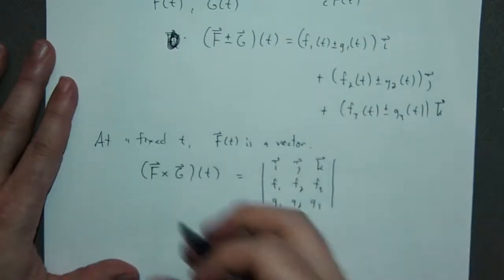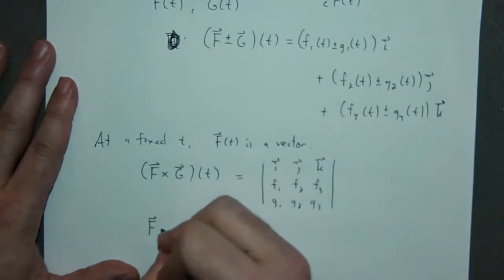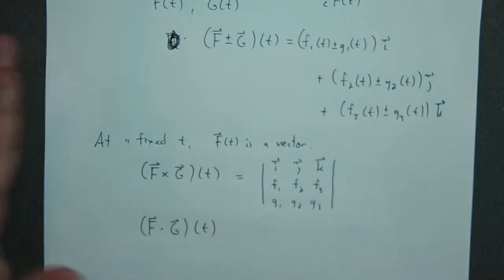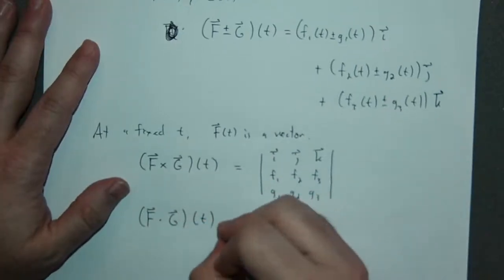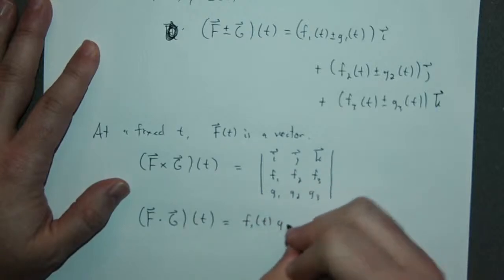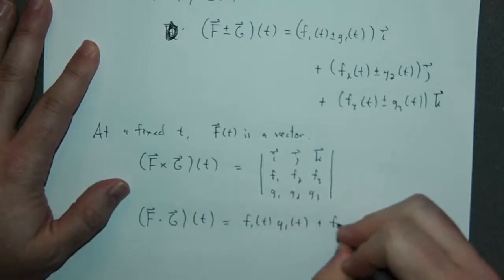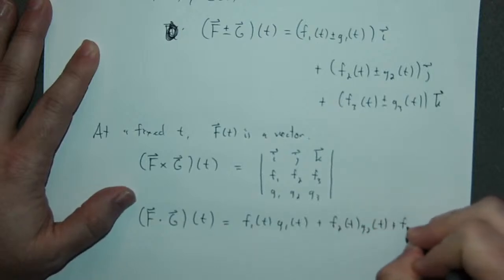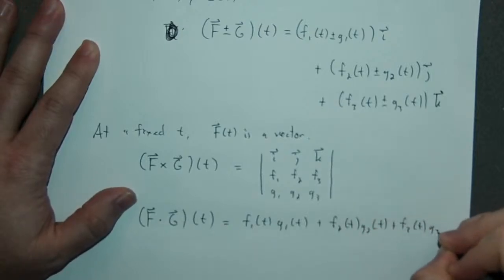I can also dot these two things. All right, so I can dot two vector valued functions. And of course, what I get is exactly what you expect. f sub 1 of t, g sub 1 of t, plus f sub 2 of t, g sub 2 of t, plus f sub 3 of t, g sub 3 of t.